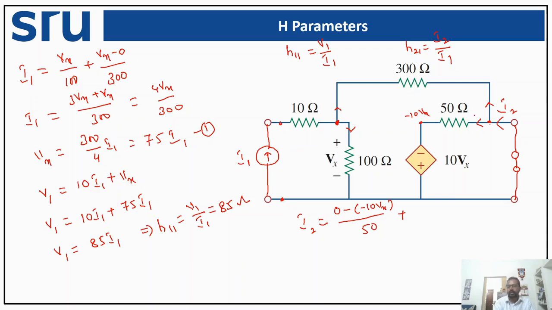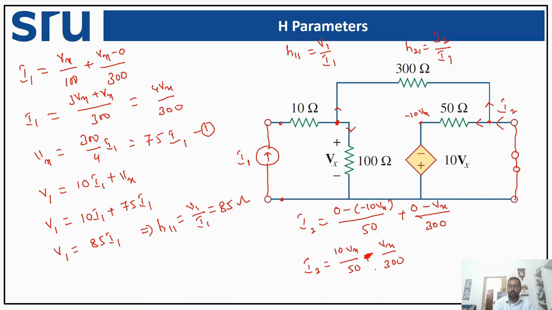What is the potential difference? It is 0 minus Vx divided by 300. So my I2 can be written as 10 Vx by 50 minus Vx by 300.